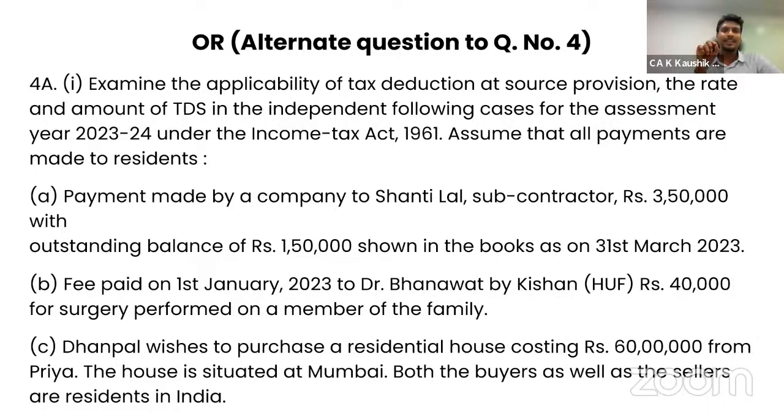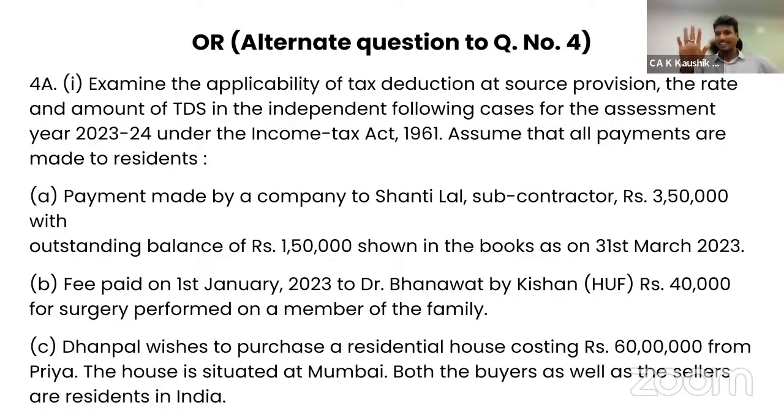Very clearly, they're asking what is the section under which the TDS should be deducted, and the provision has to be explained. And they're asking the rate of TDS and the amount of TDS. That means you need to calculate the amount of TDS and give it in your answer.